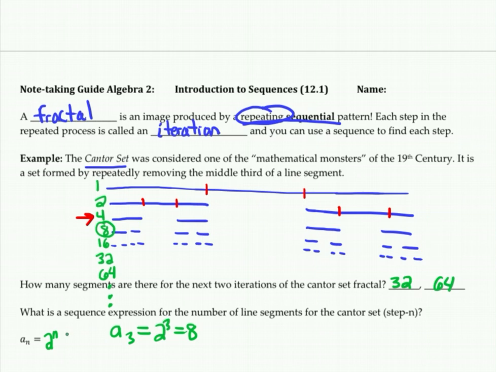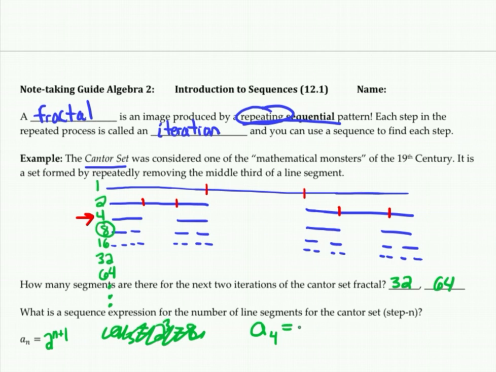So I think we need to go 2 to the n, plus 1, minus 1. What's going on? So 2 cubed is 8, so I think we need to go plus 1. Now let's go and check it again. With our new one, we'll scratch this out. Let's try a sub 4 and see what that is.